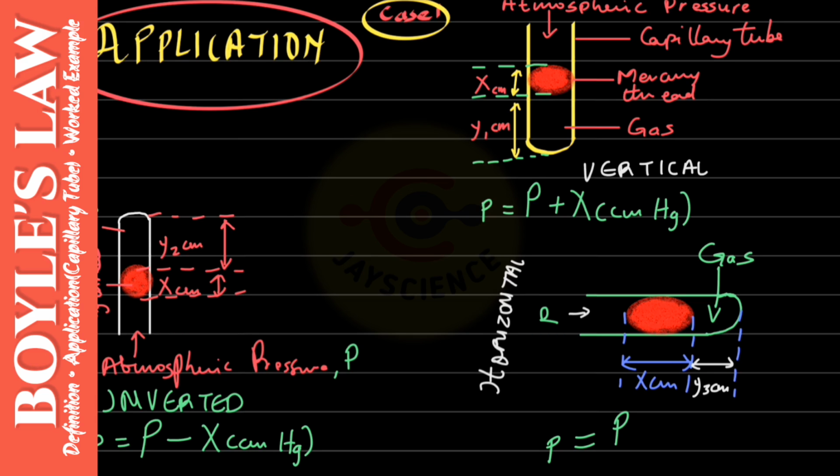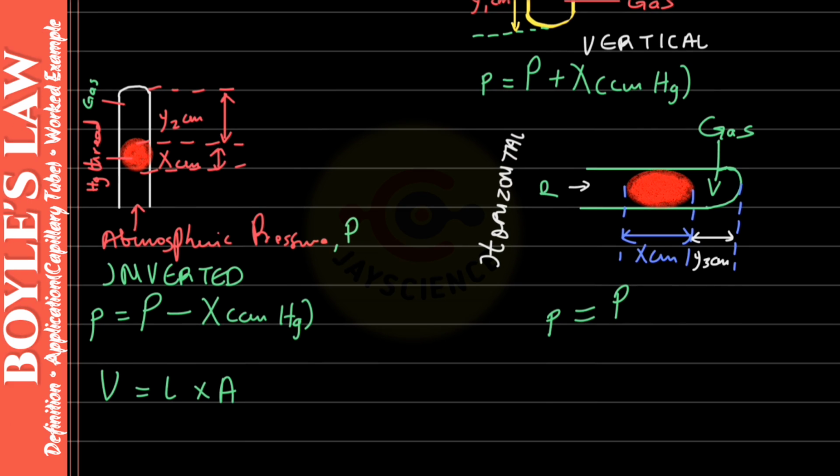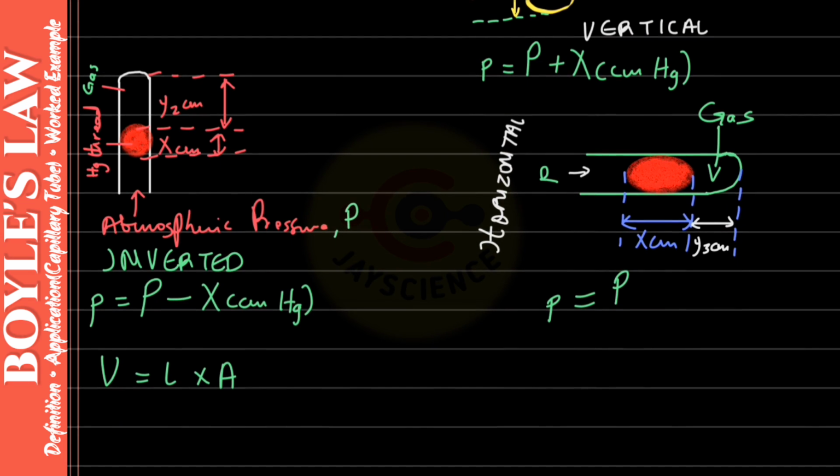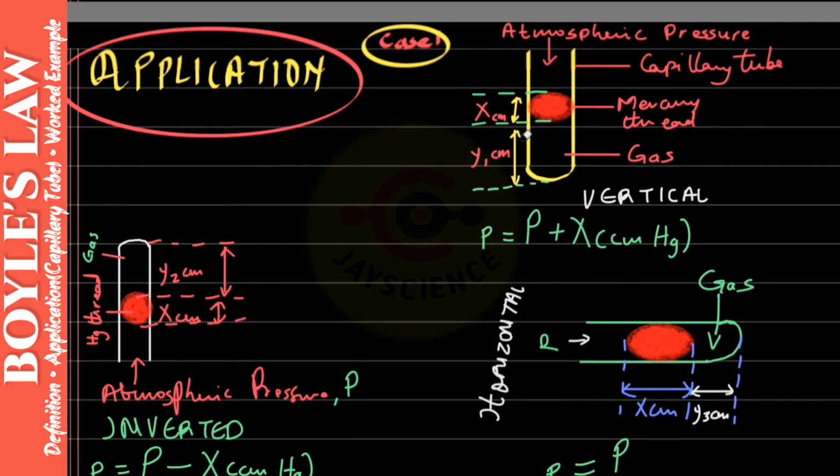Remember that volume is length times area. If we are to describe that with respect to gas, with respect to these diagrams, we would say that the volume is equal to the length of gas column. The length of gas column is what you have here as y2, and here y3 centimeters.